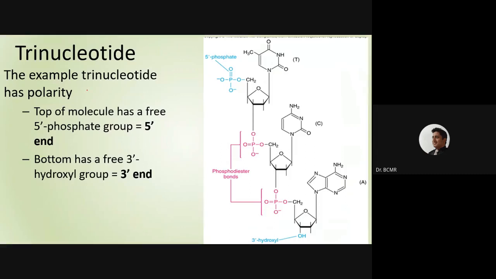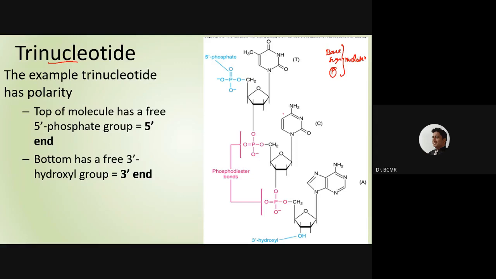What is a trinucleotide? Until now, we described a single base, one sugar, one phosphate, or 3 phosphates. When you say one nucleotide, it should contain one base, one sugar, and one phosphate, right? That is one nucleotide.